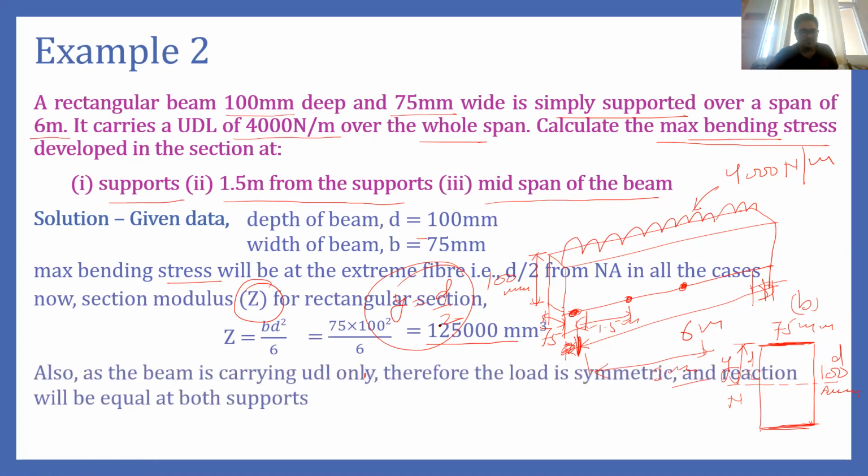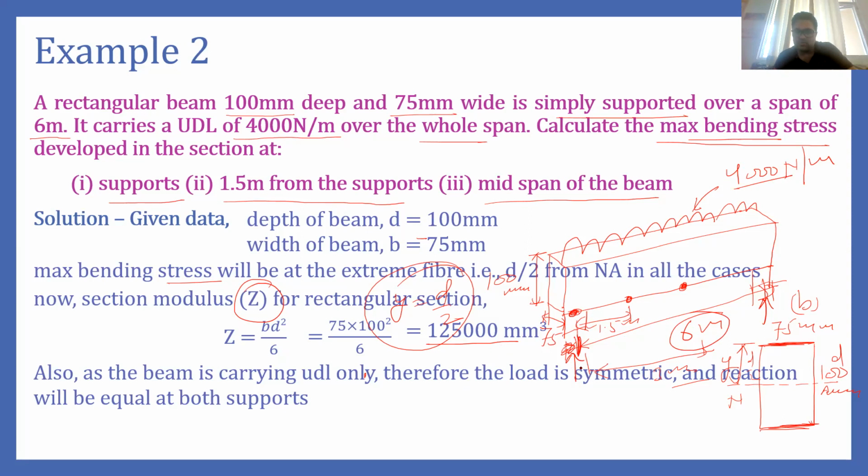So here also we know that beam is carrying the UDL. So the reaction at both the point will be same because it is symmetrically loaded. So the total UDL will be 4,000 multiplied by 6, which becomes 24,000 Newton.